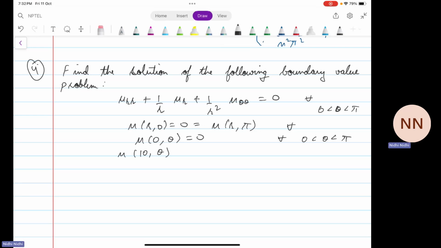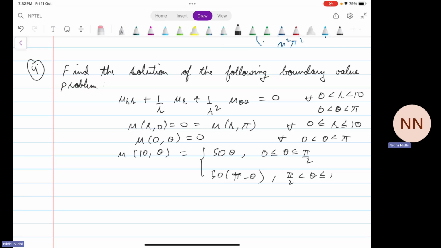So this is 0 less than r less than or equal to 10. This is 50 theta for all theta between 0 and pi by 2, and this is 50 times (pi minus theta) for all pi by 2 less than theta less than or equal to pi.